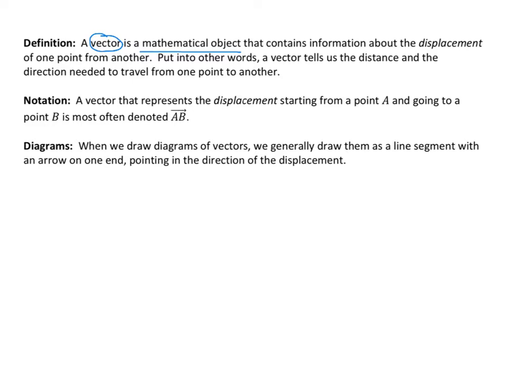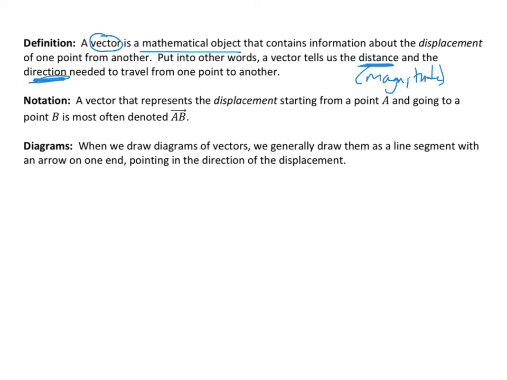Put into other words, particularly if you've seen Despicable Me, a vector tells us effectively the distance and the direction. Sometimes another word for distance is magnitude. So a vector basically tells us the distance and the direction needed to travel from one point to another. So a vector is this mathematical object that contains information about a direction and a distance.